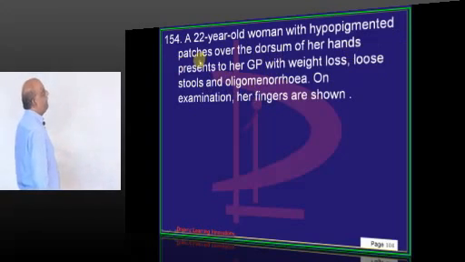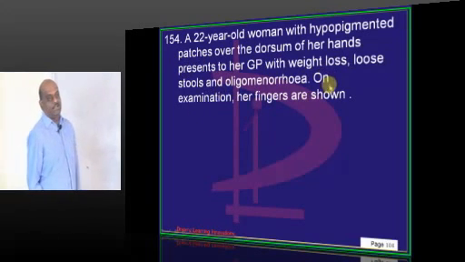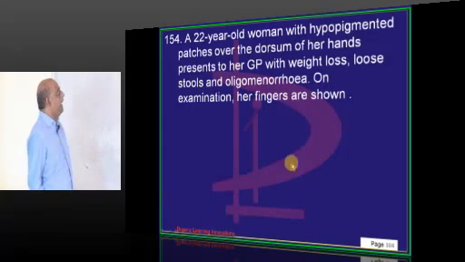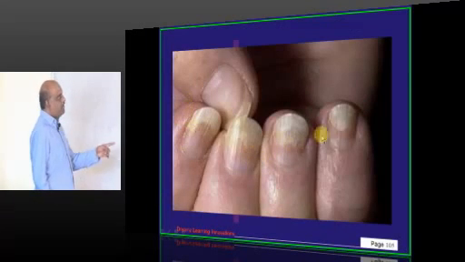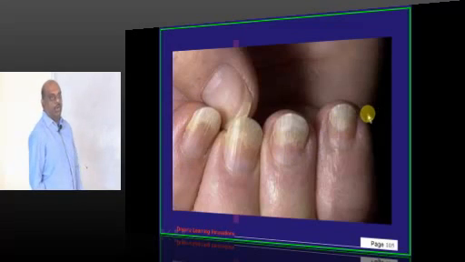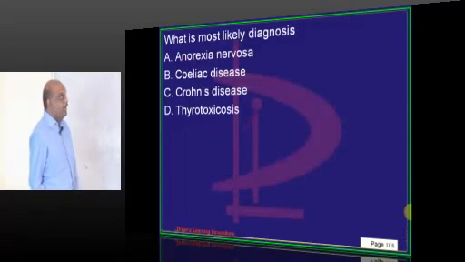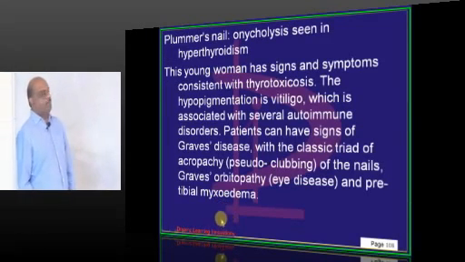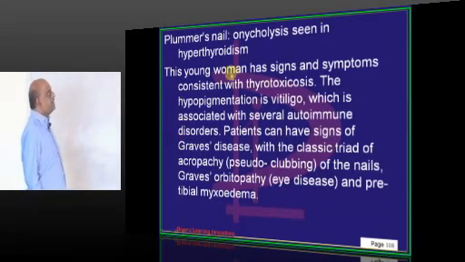A 22-year-old with hypopigmented patches on the dorsum of her hands presented with weight loss, loose stools, oligomenorrhea, and on examination of the fingers, what are you seeing? Onycholysis. So typically onycholysis is a feature of hyperthyroidism, in addition to many other conditions which can lead to it.